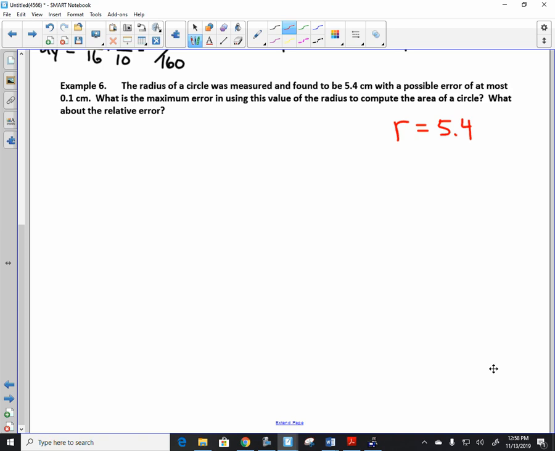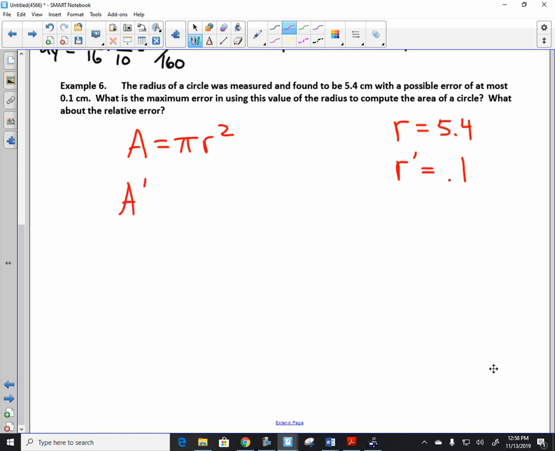So radius is 5.4, with possible error of at most 0.1. So that means the change in the radius is at most 0.1. We're going to say that r prime, the change, is at most 0.1. What is the maximum error in using the value of the radius to compute the area of a circle? What is the area of a circle? Pi r squared.